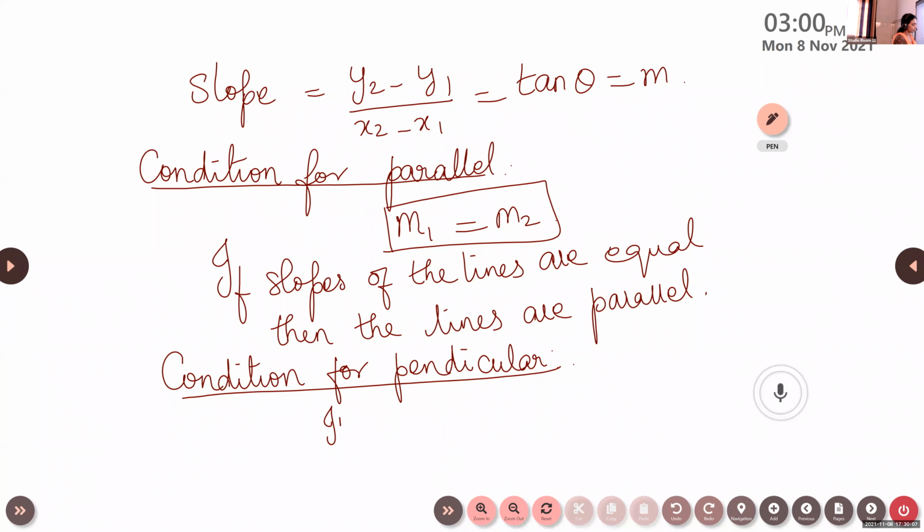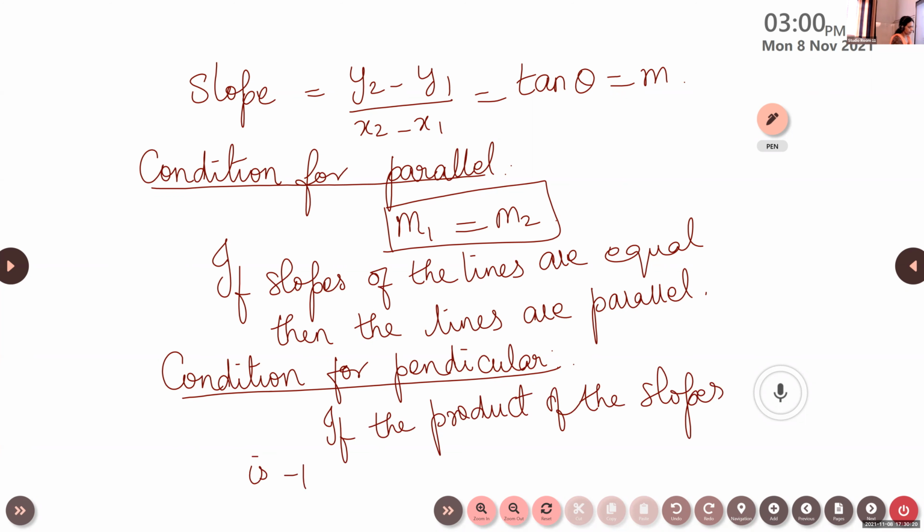If the product of the slopes is -1, then the given lines are perpendicular or orthogonal. Sometimes we use the word orthogonal.